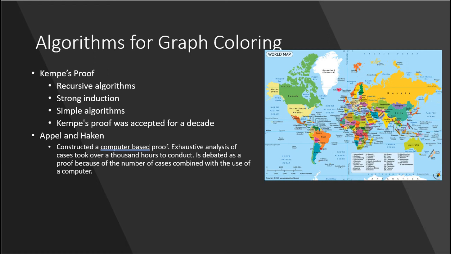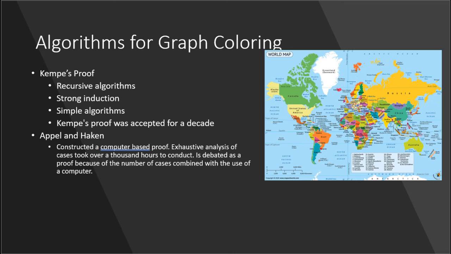But it's a little controversial because Appel and Haken used a computer to prove the four-color theorem, and the fact that it had to be performed on a computer made people a little suspicious of calling it an actual proof.